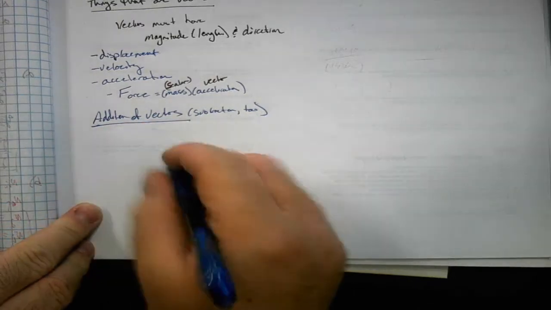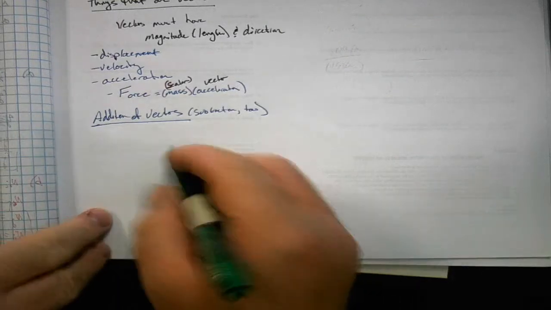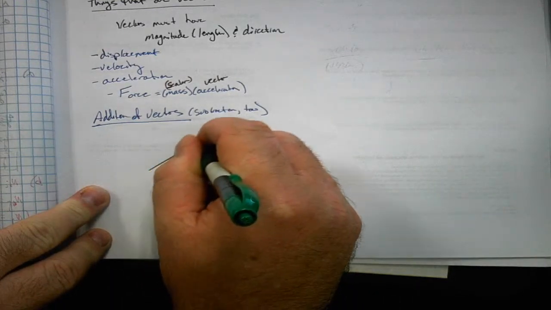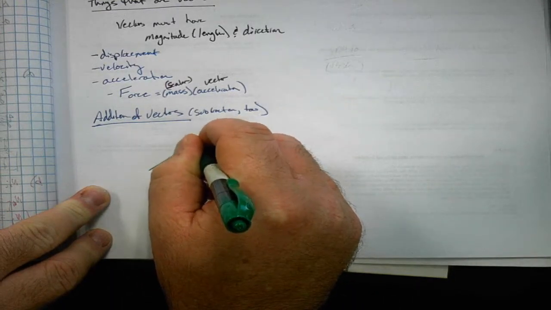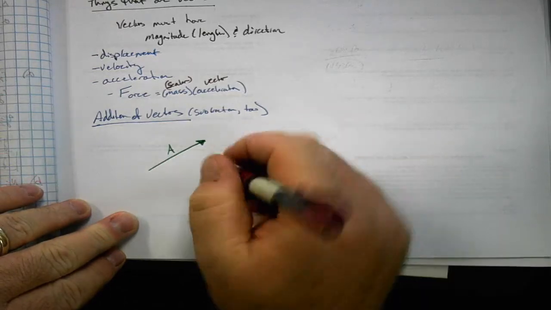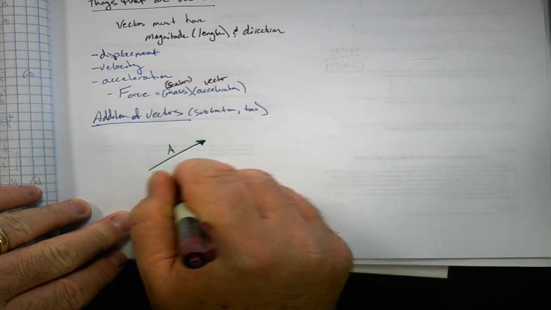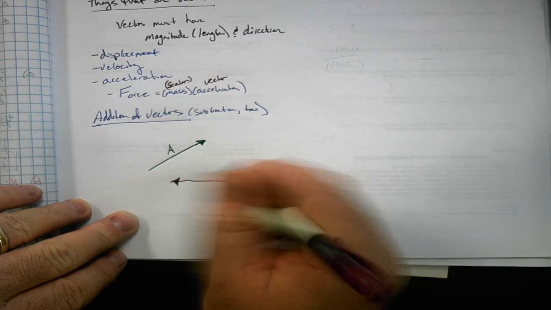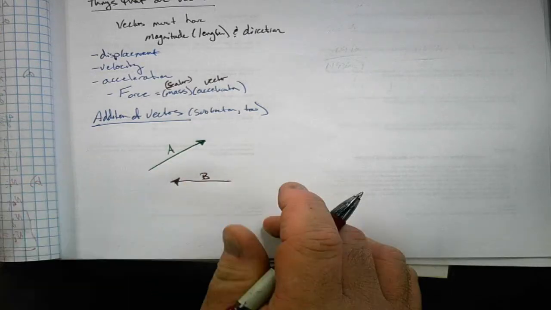But in subtraction, it does matter which one comes first. So we have, and we're going to draw, we're going to call that vector A, and we're going to call this vector B.